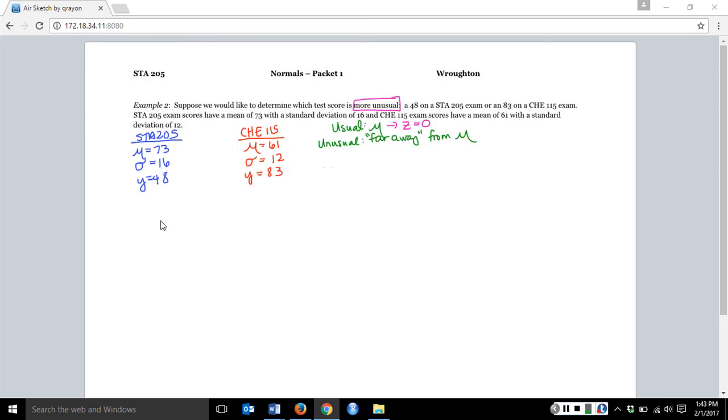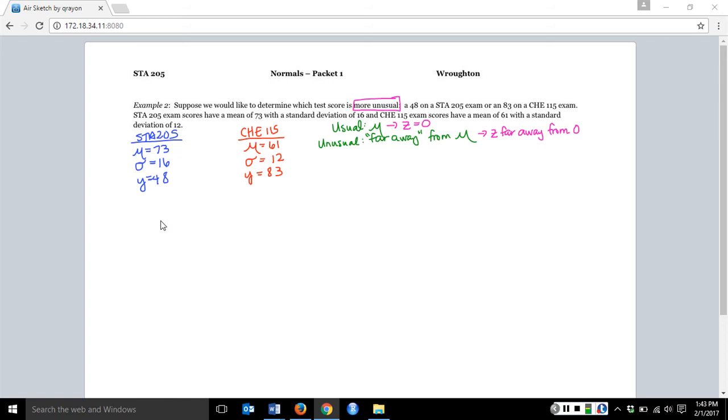So that's what we would expect to see happen. So what would be unusual would be a z that is far away from 0. So whichever z I get that's furthest from 0 is going to tell me that score was more unusual.